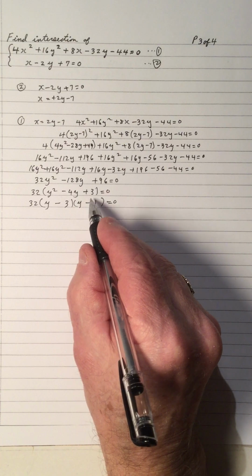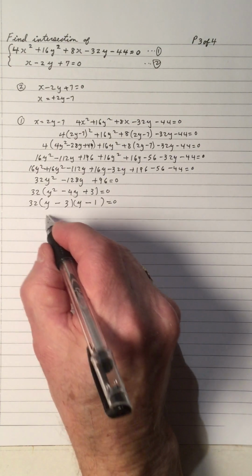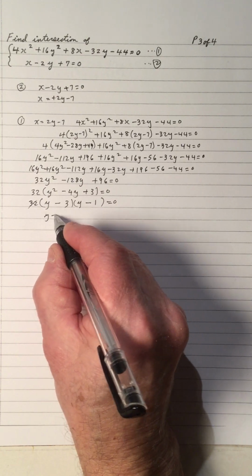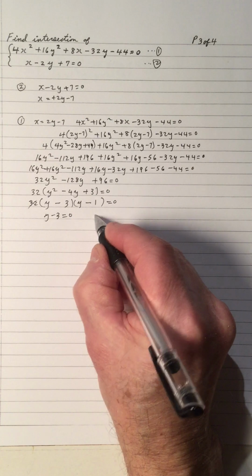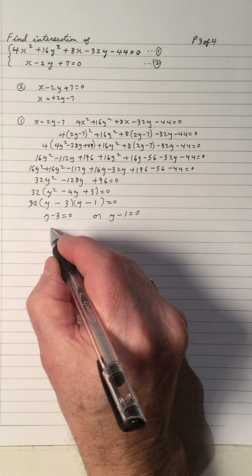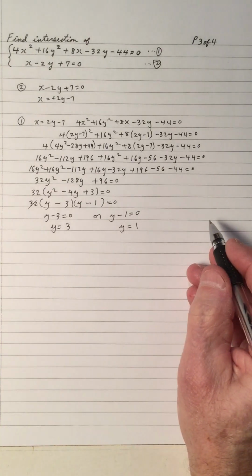Multiply negative 3, negative 1 is 3. Add, negative 4. Perfect. 32 can't be equal to 0, so we ignore that. So y minus 3 is equal to 0, or y minus 1 equals 0, which means y is 3 or y is 1.